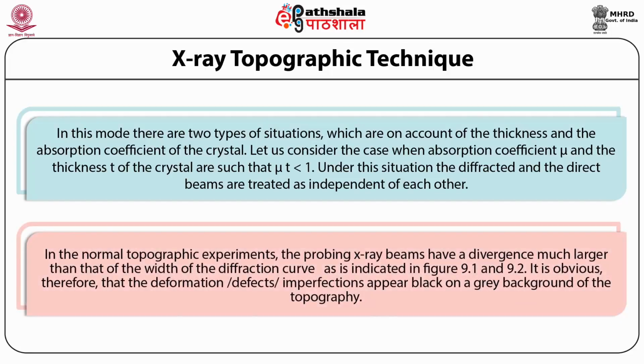In the normal topographic experiments, the probing X-ray beams have a divergence much larger than the width of the diffraction curve, as is indicated in figure 9.1 and 9.2. It is obvious, therefore, that the deformation, defects, imperfections appear black on a gray background of the topograph.